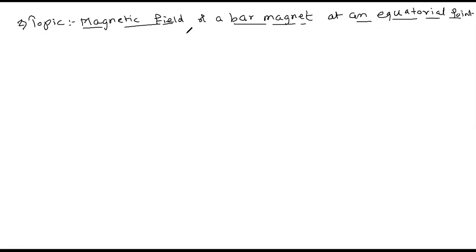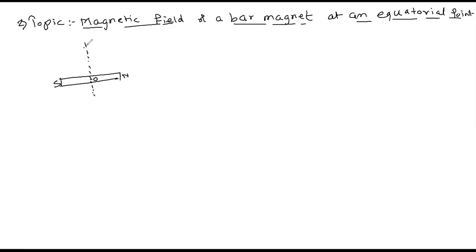So what is meant by an equatorial point? If you take this bar magnet with the south pole and north pole here, then you draw the perpendicular line passing through the center.